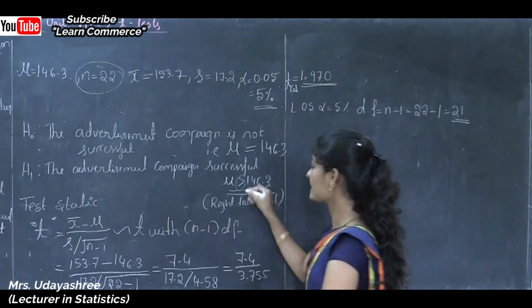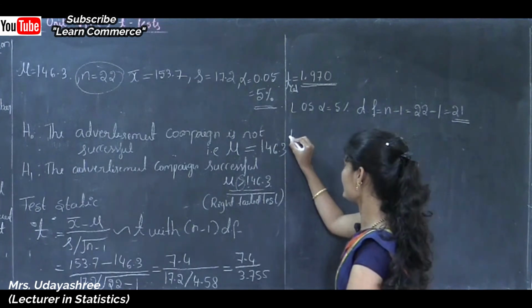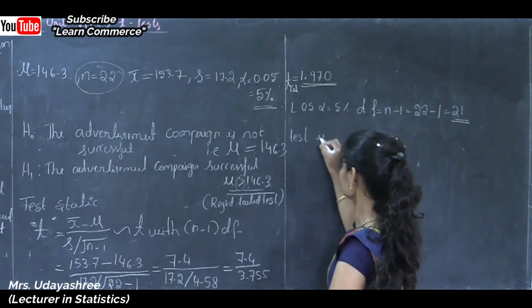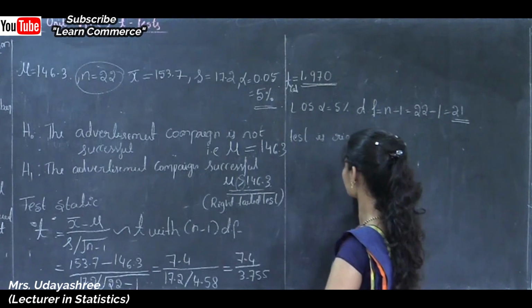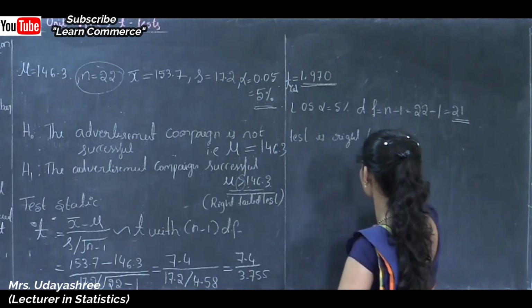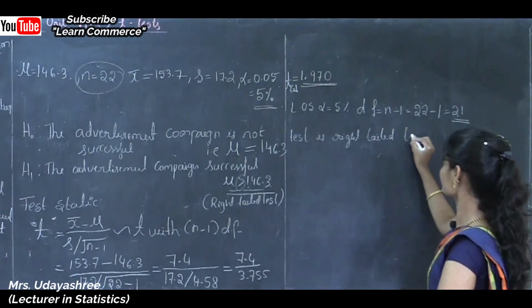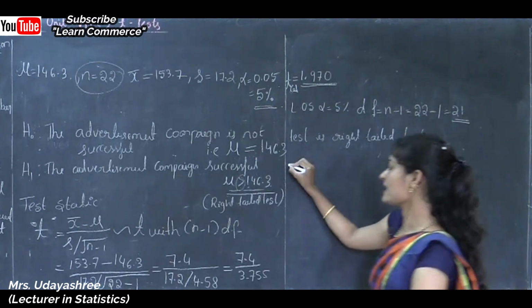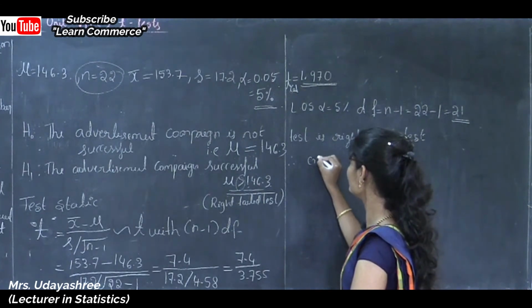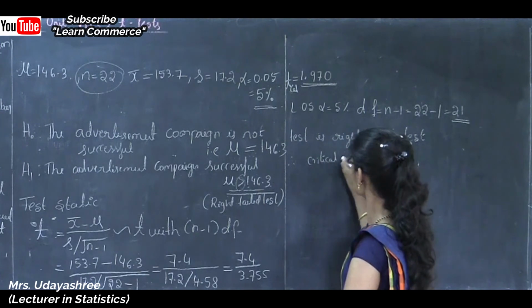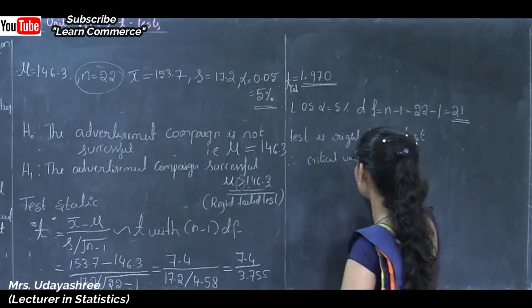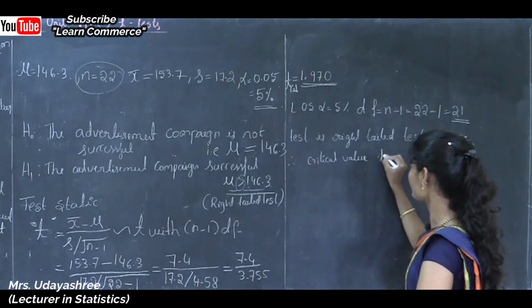Here we need to find only one critical value, the k value.